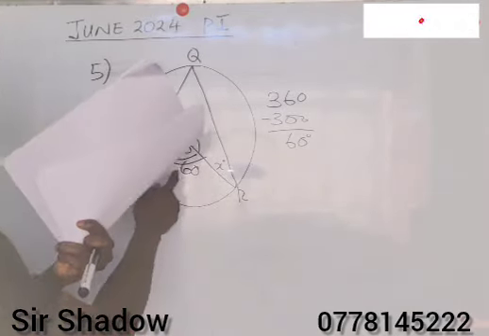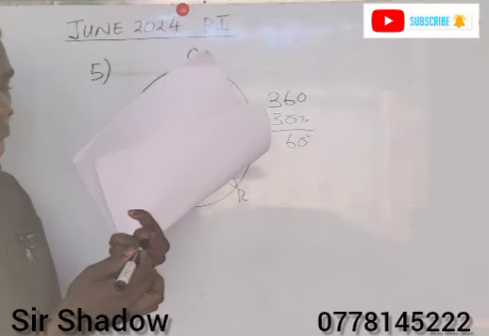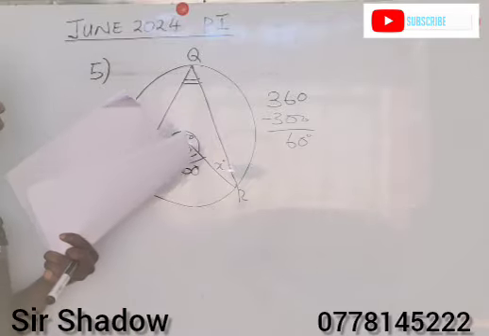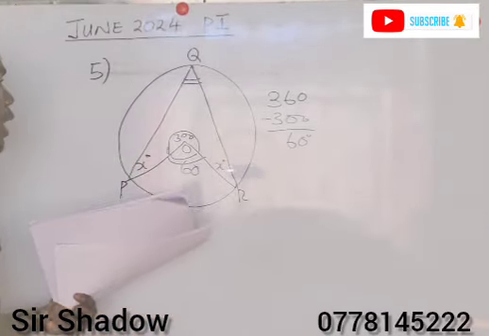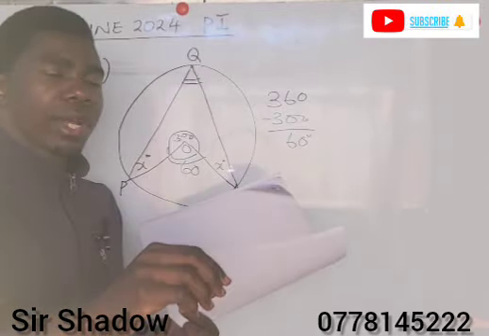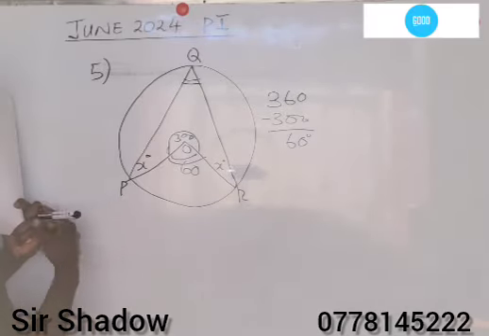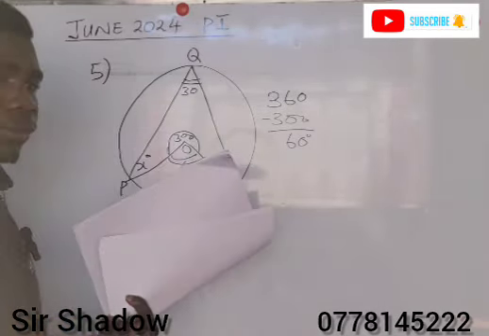Now we want to find this angle Q. Apply the theorems of circle geometry. Angle at the center is twice angle at the circumference. So angle at the circumference is half the angle at the center. We divide this angle at the center, 60 divided by 2, which is 30. So the angle is 30 degrees.